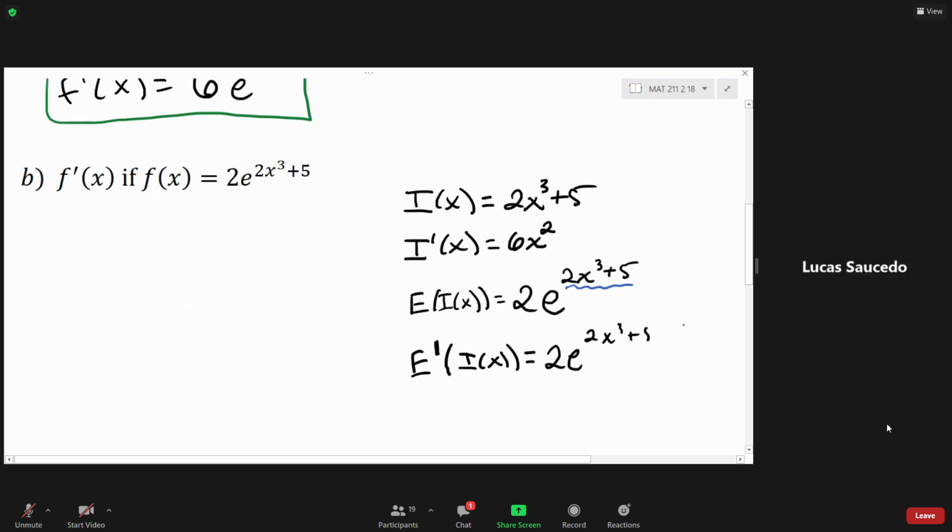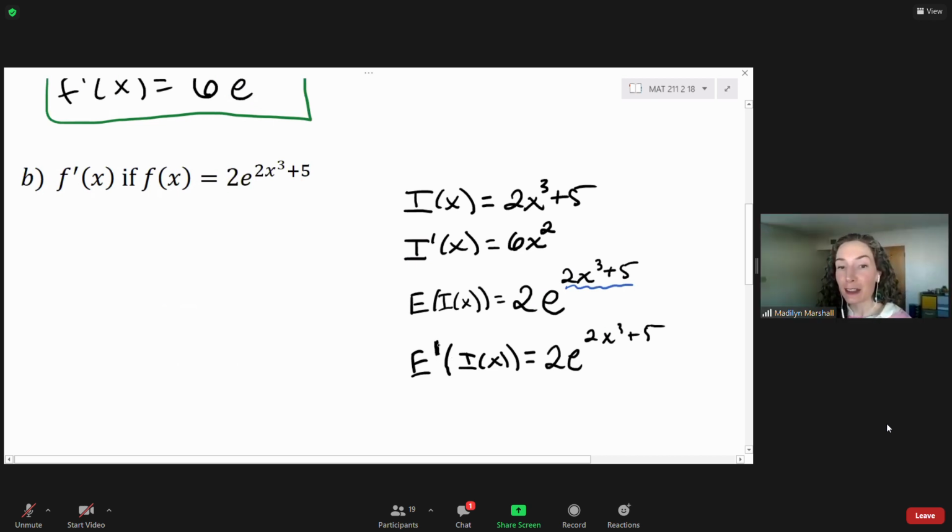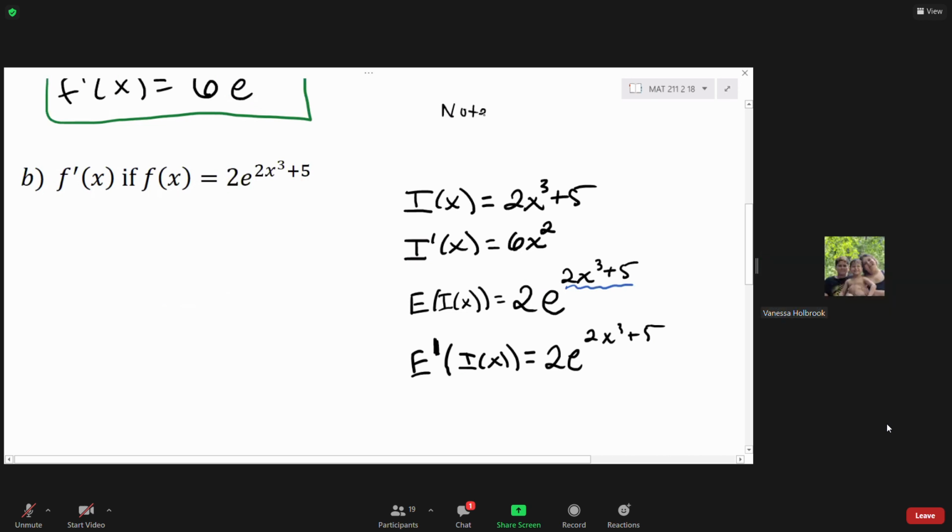So the derivative of the exterior for an exponential, so this is specifically for e to a power, will always be the same as it was before. Because of our rule.